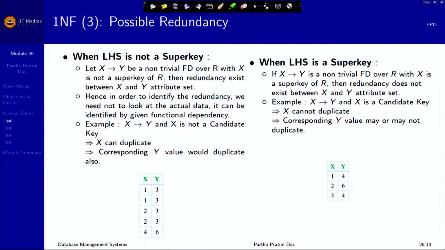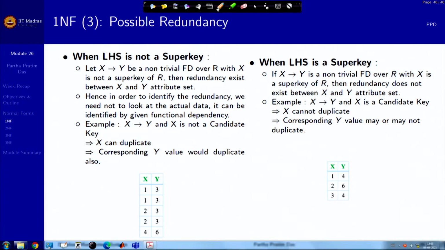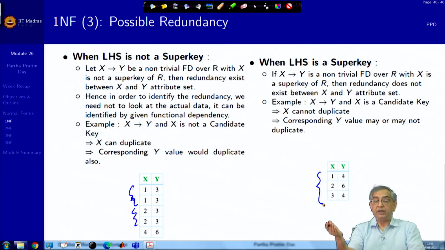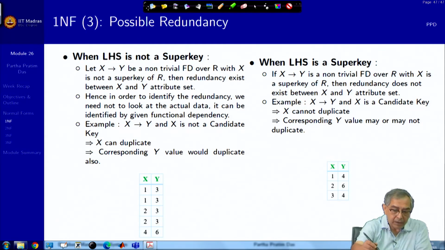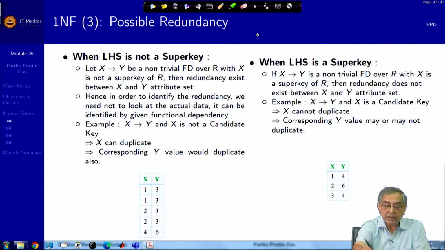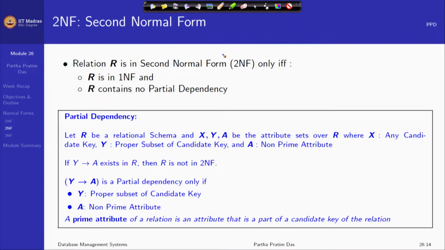So, X can be duplicate, as you can see here, and if X determines Y, so if X is duplicate, Y can also be duplicate. But if it is a super key, then it will not be able to duplicate, though Y can still duplicate because X determines Y. So, obviously, Y has no uniqueness here. So, these are things which, if they exist, will cause redundancy and the corresponding anomaly.